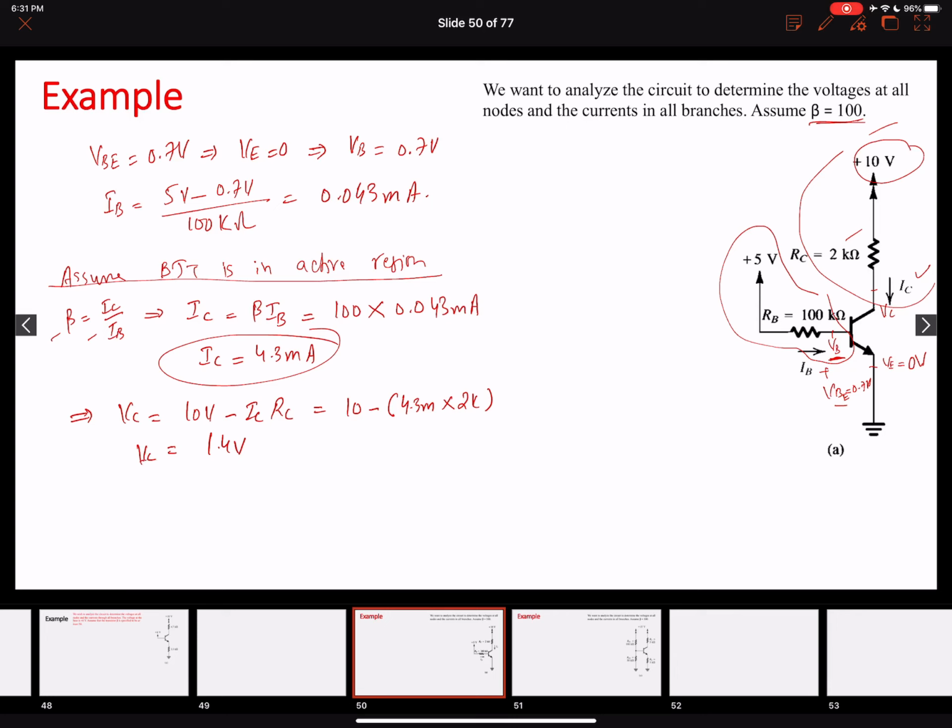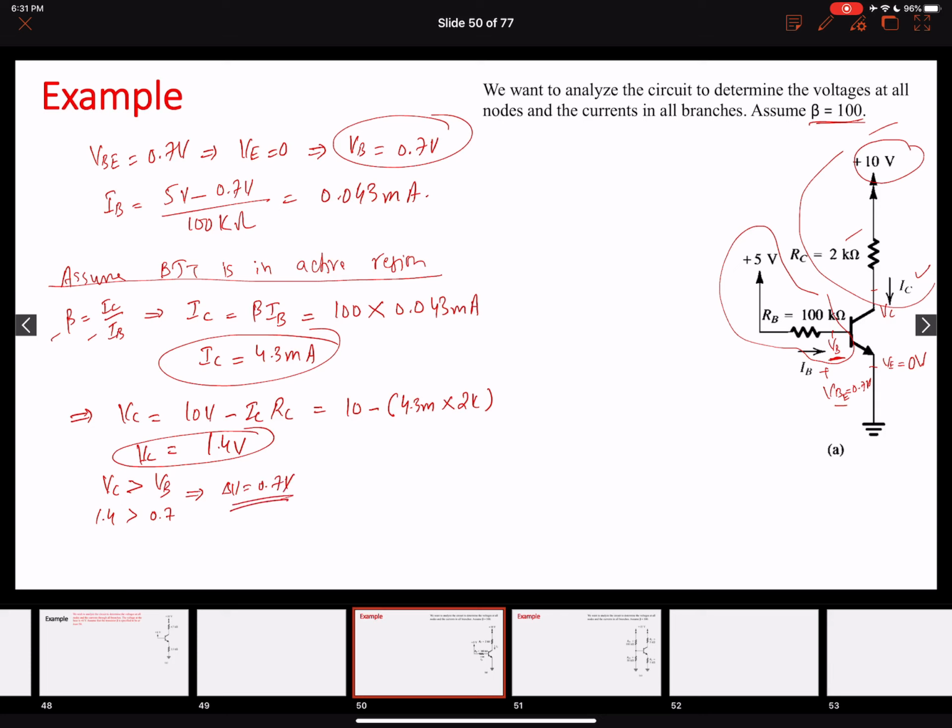Now let's verify if our assumption was correct or not. So if we look closely, what is our base voltage? Our base voltage was 0.7, our collector voltage is 1.4. So our collector voltage is at a higher potential as compared to 0.7, and the difference is 0.7 volts.